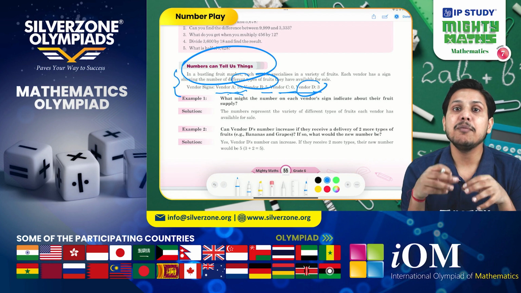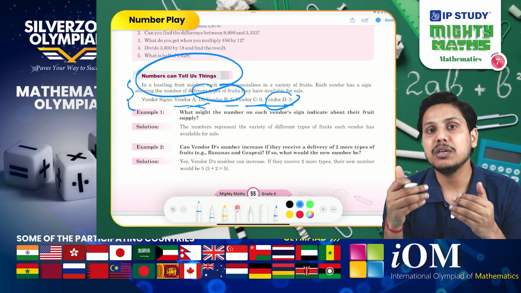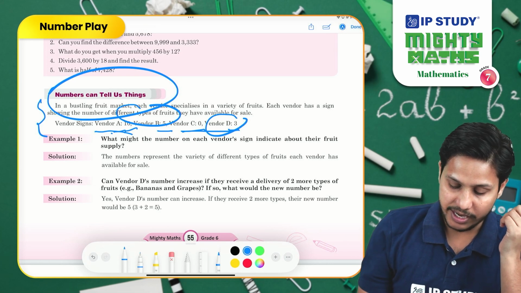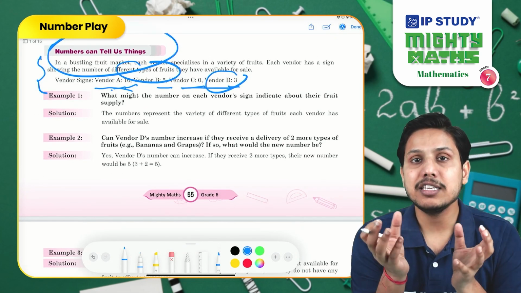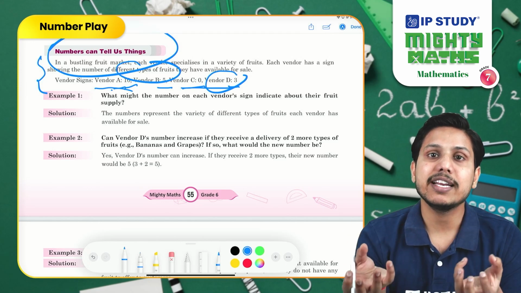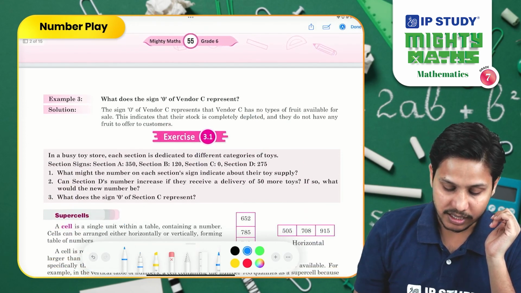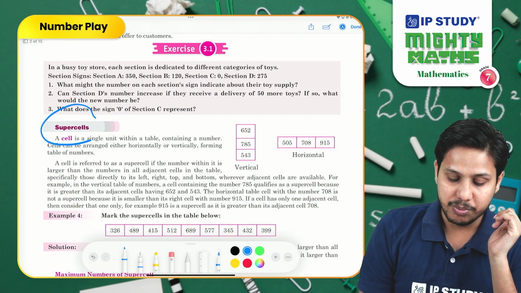So we can interpret much information from the number that we are using here. For every scenario we can assign some numbers and there will be some rule that can be interpreted using that number. Then the next topic is supercells.